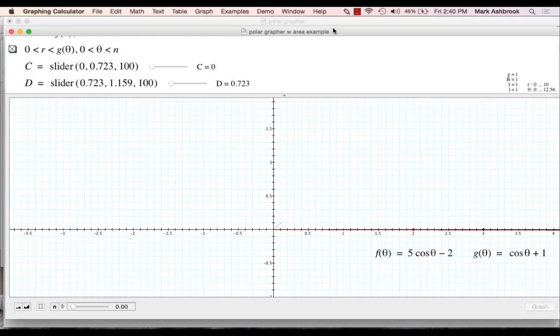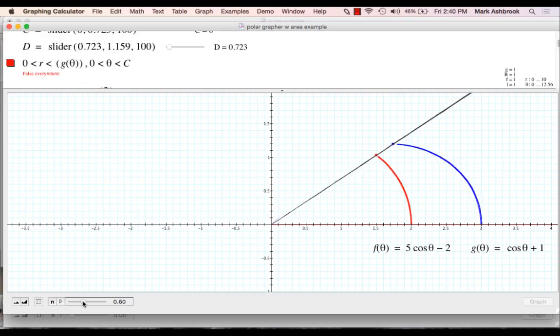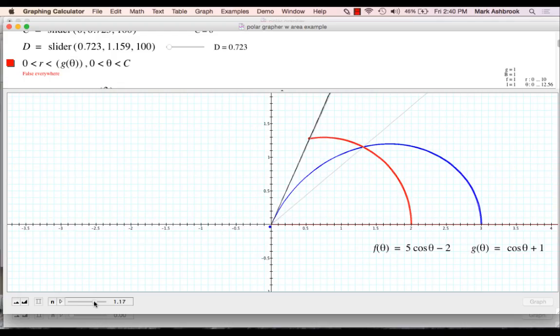So this other one. We've got a couple of functions we want to look at here: 5 cosine theta minus 2 and cosine theta plus 1. We're not going to take the time to do those by hand. That would be good practice, but we're just going to go for it here. So I'm going to graph those at the same time so you can determine which is which. f of theta is 5 cosine theta minus 2, g of theta is cosine theta plus 1.